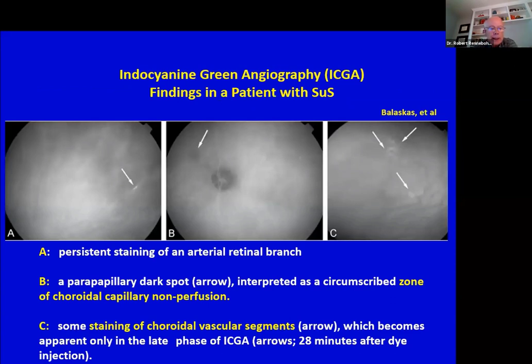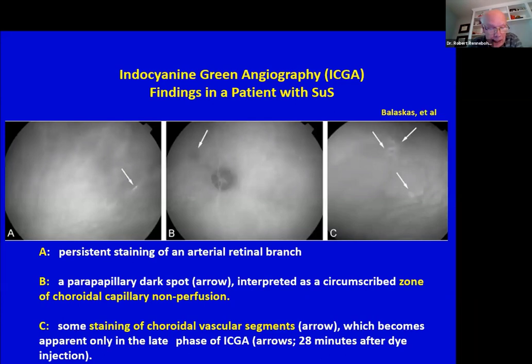Subsequently, there was a study of a single patient published by Balaskas that provided evidence that the choroidal vasculature can sometimes be affected. Note the zone of choroidal capillary non-perfusion in the middle frame and the staining of choroidal vascular segments in the third frame.